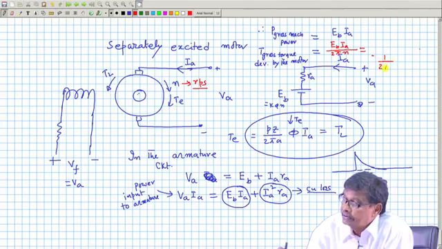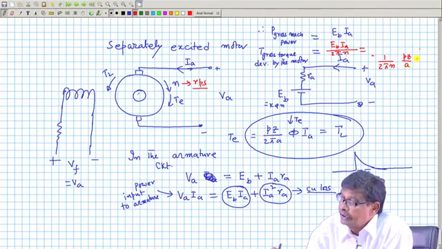So, this is equal to 1 over 2 pi n. Eb is how much? Eb is P z by A into phi into n, and then Ia is there. It is correct now.